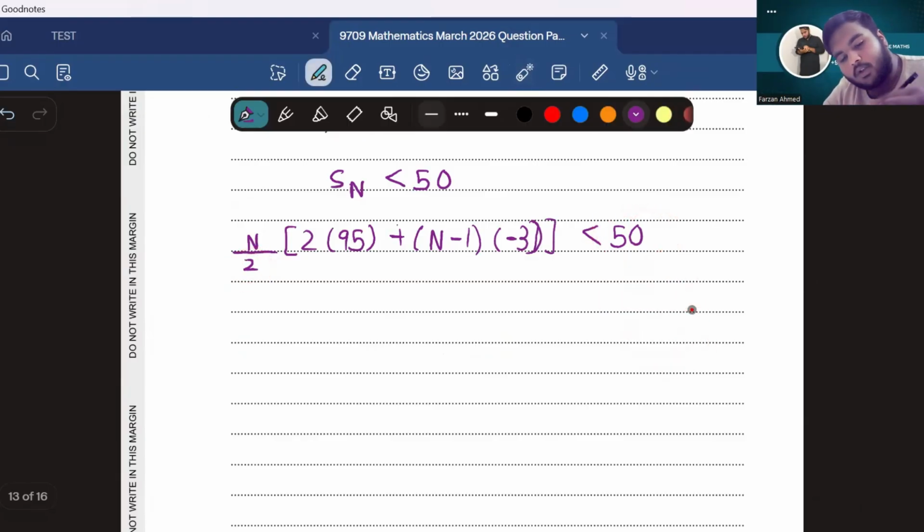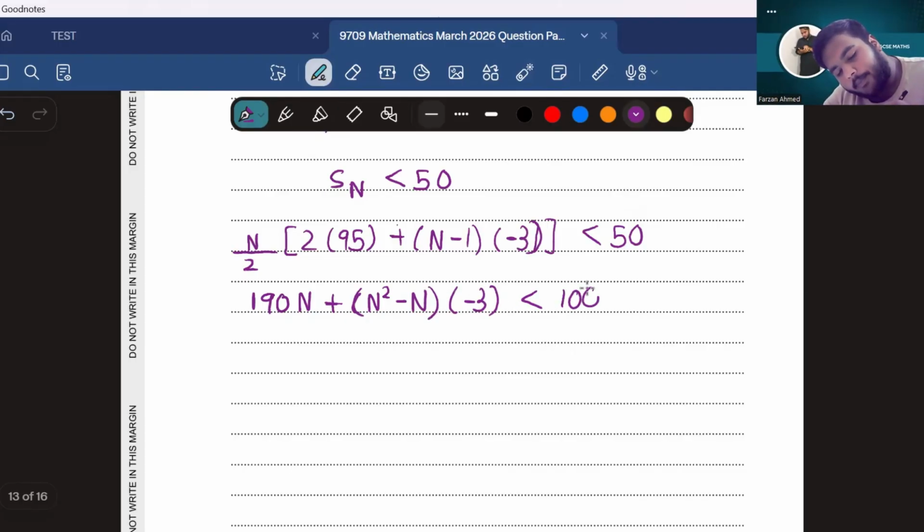So we will simplify, so this will be 190 plus bracket n square minus n minus 2, the common difference, and less than 100.